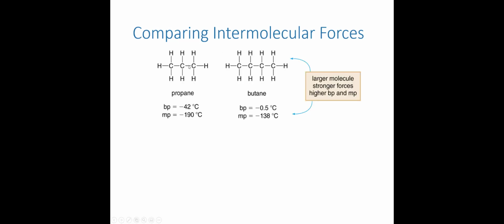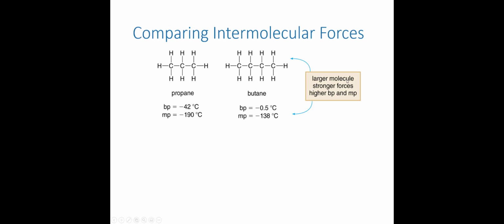What if we compare molecules that are of a less similar size? So this is propane, and this is butane. Their only real difference here, if you compare them, is that this one has one more carbon atom and two more hydrogen atoms than this compound does. What does that do?